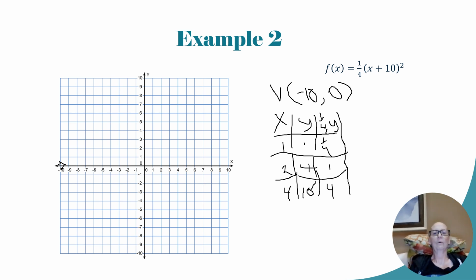All right, so 1, 1/4. Sorry, that was too high. So 1/4 is about there. Probably not exactly, but you know, for 2, it's 1. And then 4 would be 6.